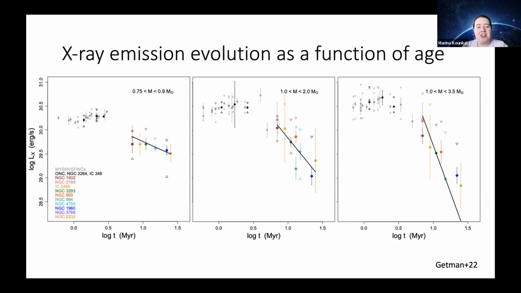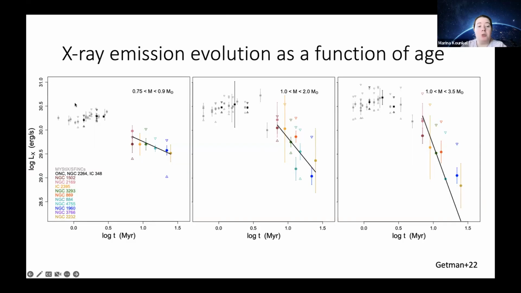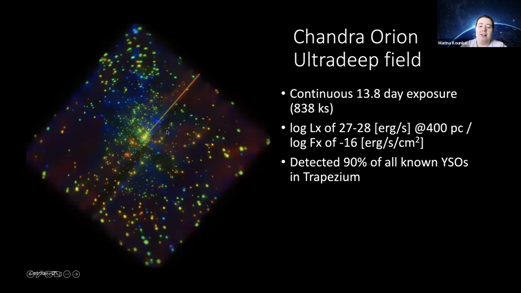And kind of the key issue is that the data we currently have isn't enough. The golden standard of X-ray astronomy when applied to young stars is the Chandra Orion Ultradeep Project, or COUP. So many sources actually over here are from the survey. What COUP was able to do is obtain a continuous 800 kilosecond exposure, which is approximately 14 days.